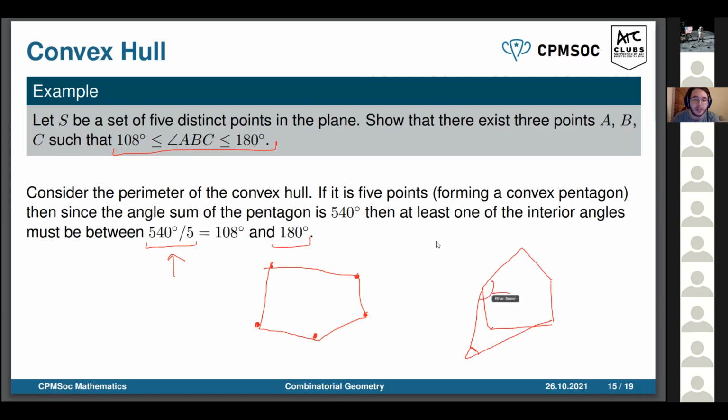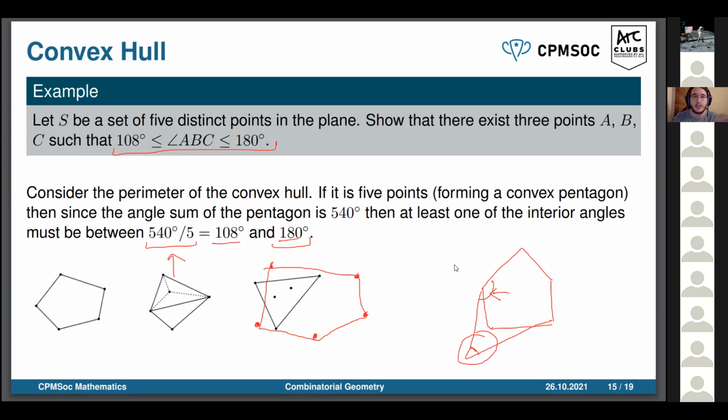So this becomes closer to 180 degrees in compensation for this decreasing in angle. Effectively, no matter what you do, the angles are going to sum up to 540 degrees, and at least one of the terms must then be between 108 and 180 degrees. So in this case, it works out perfectly fine.